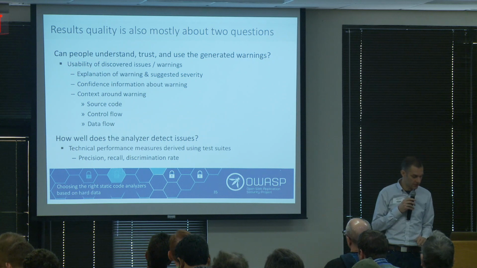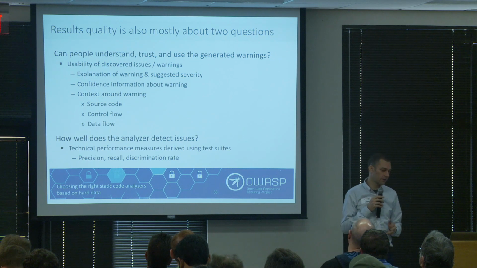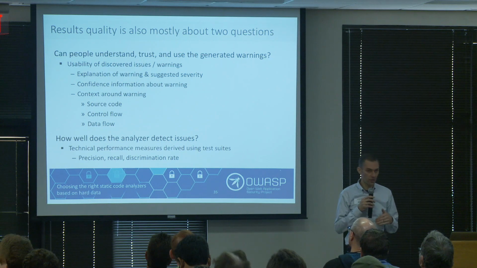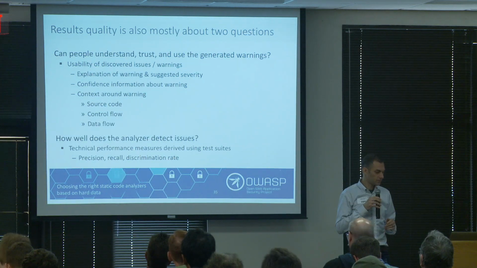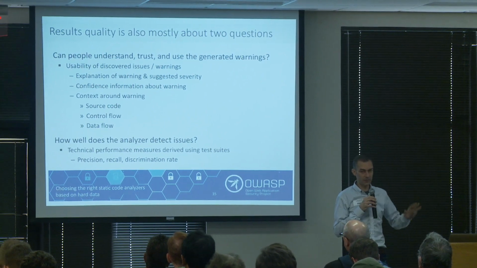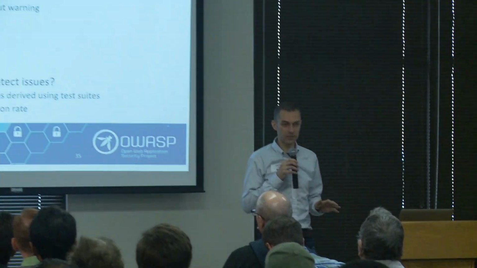And then, how well does it detect issues? So the technical performance measures. We're looking at things like the ability of the analyzer to do the recall on that coverage. Basically, how many different types of issues can the analyzer find?